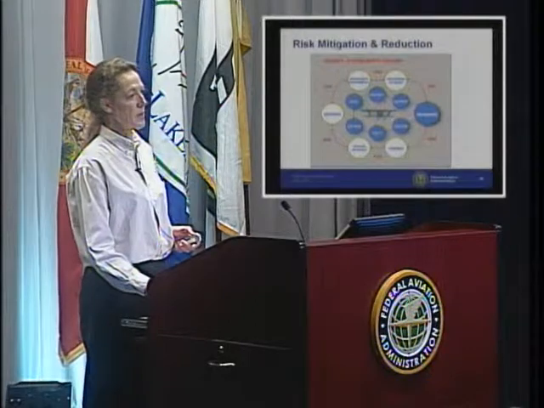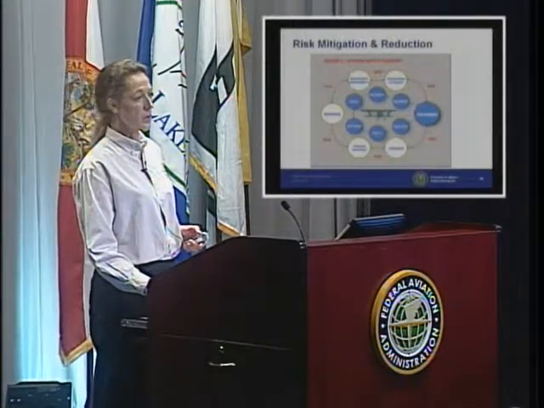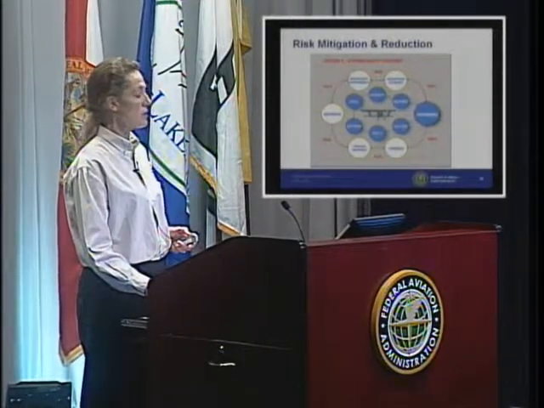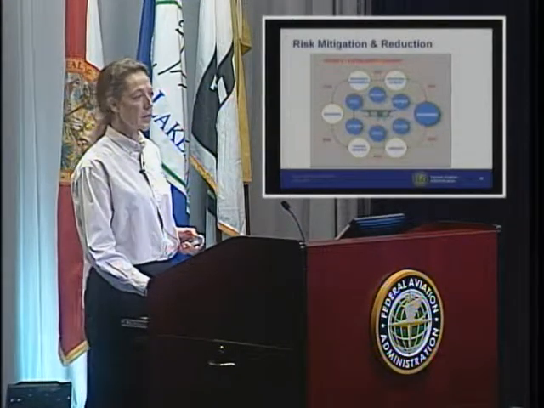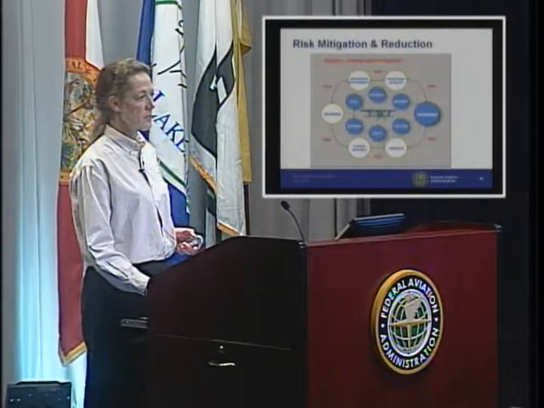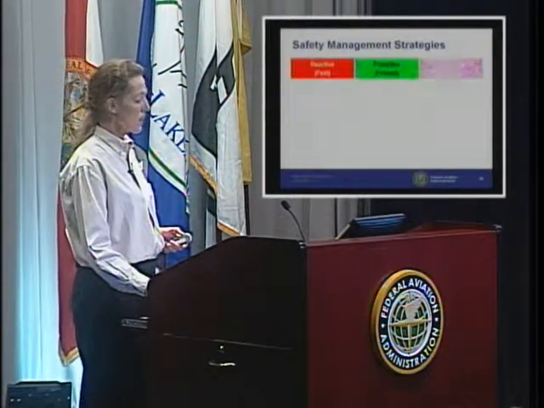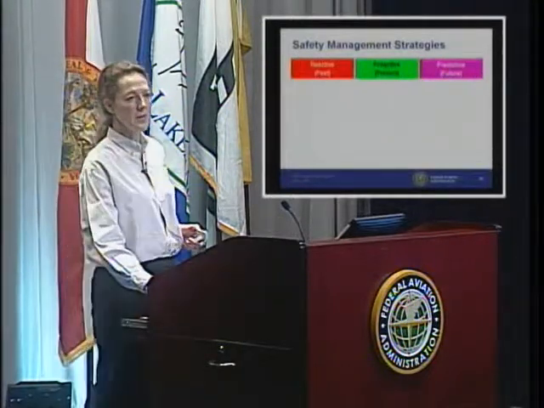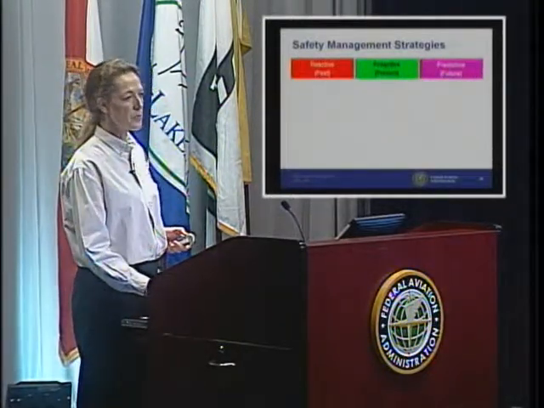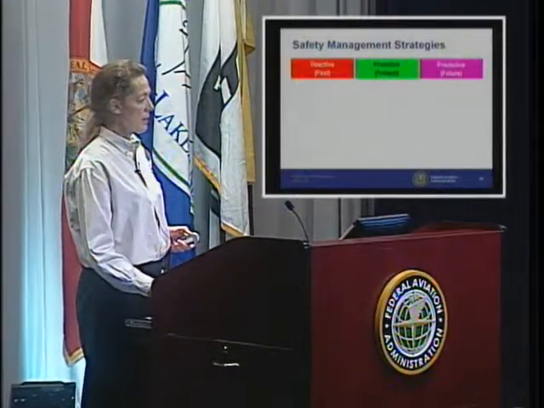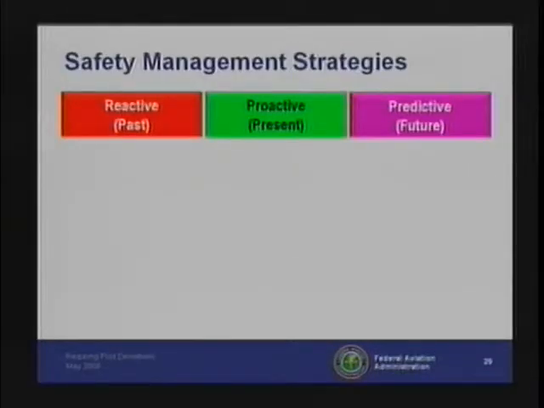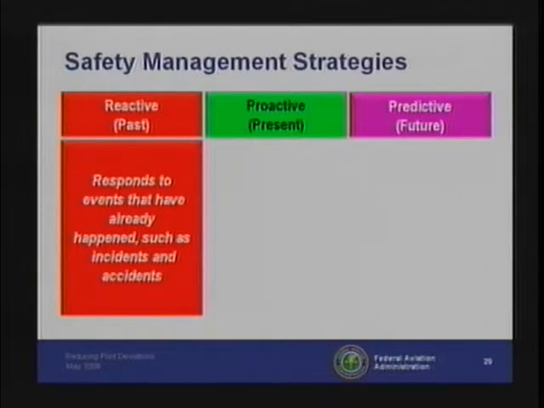So we're going to look at what Flight Standards is doing to identify what the root causes are, because we are very concerned that you are getting the training that is going to mitigate these pilot deviations and is appropriate for your operation. If we're collecting this data to make our procedures better, we're going to look at information that comes from the GA community, those that have pilot deviations. We're going to fix what's wrong.